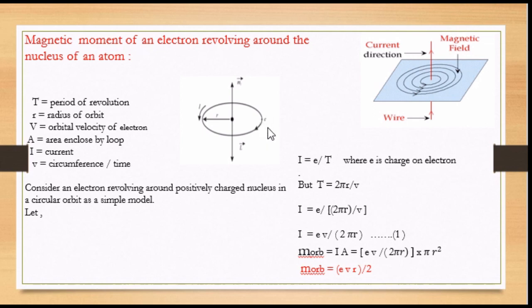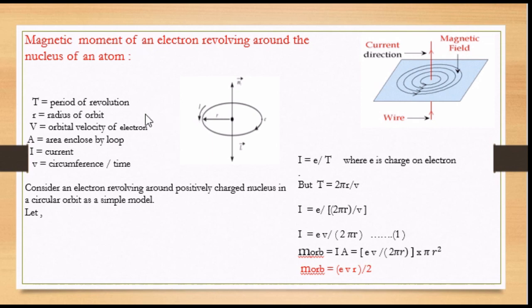The mass of the electron is me. The electron is revolving in its orbit in the clockwise direction with orbit radius r. Then it forms a current loop. The current flowing through this is in the anti-clockwise direction.